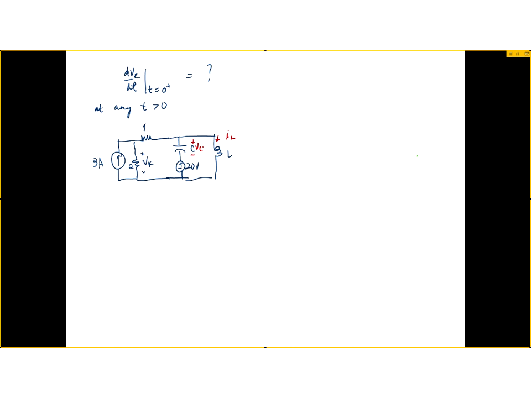Because you don't want to involve other variables. That means I have to find a way to find those derivatives also, right? Whenever possible, just stick with these two variables. Why? Because I already know what those derivatives are at t equals 0. Yes. So I agree with you. Probably it's going to work, but it's not a good idea because it's going to involve new variables, and you're going to have to figure out how to find those derivatives. So can we just stick with these two, if possible?